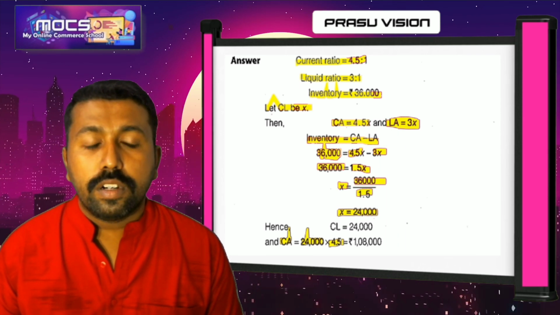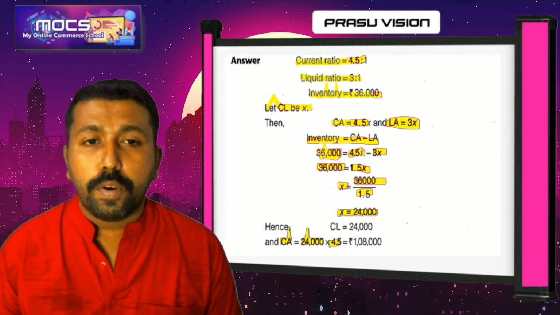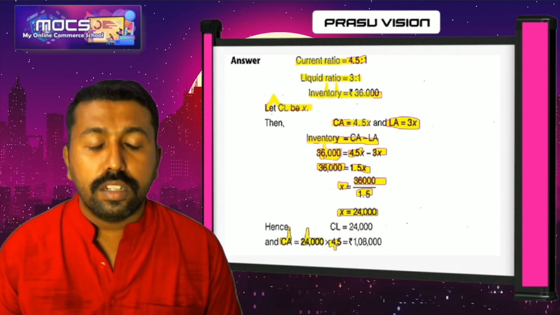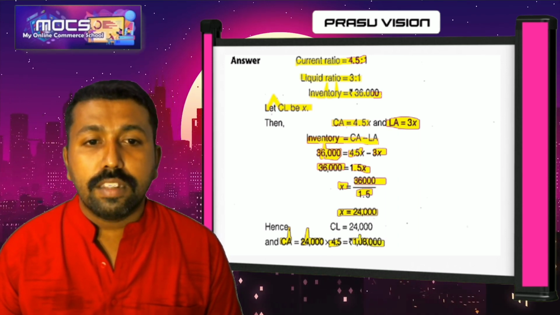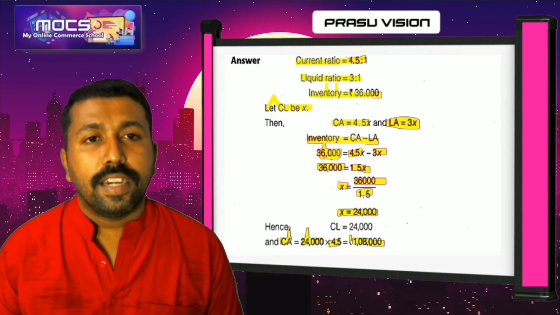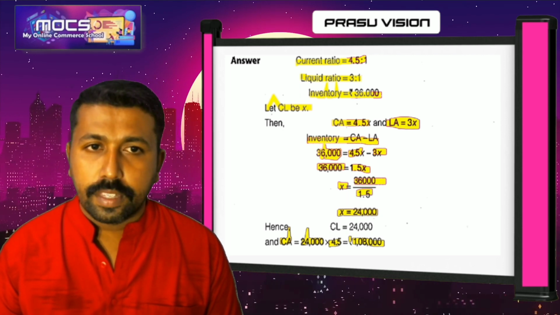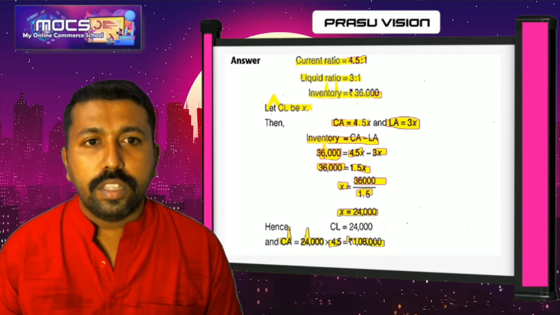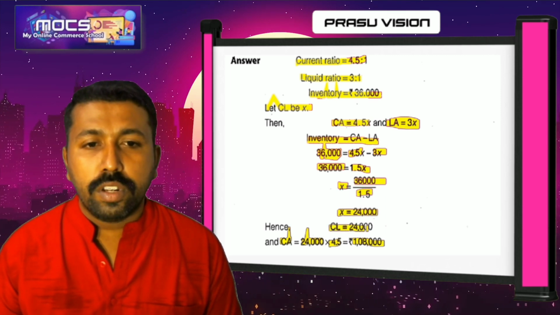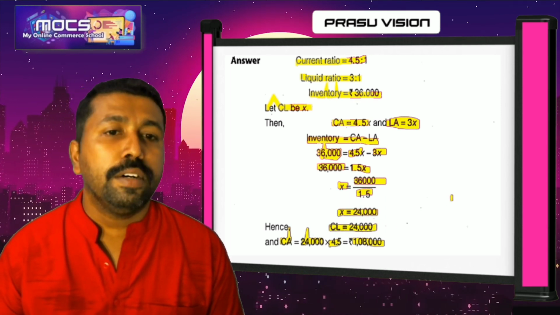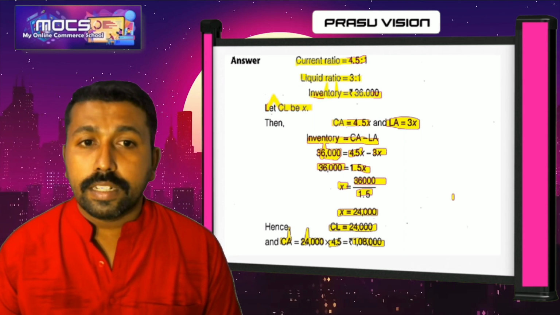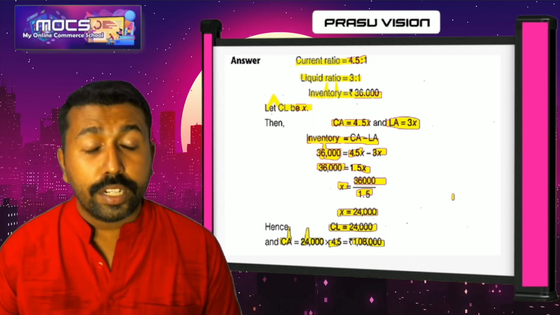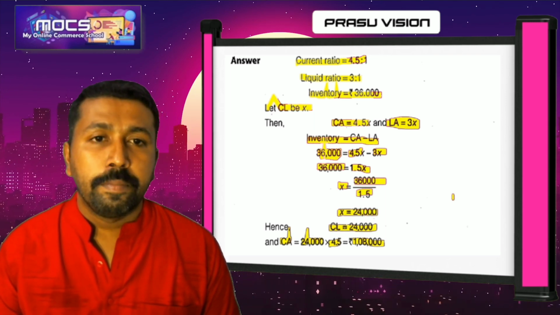So 4.5 into 24,000, 1,08,000 is the value of current asset. Here we have calculated the value of current liability, 24,000, and the value of current asset. A little bit confusing item, but you have to work it more by changing the values.